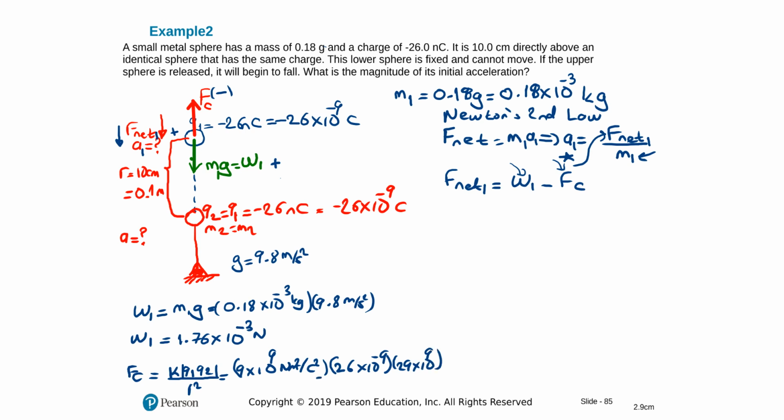Notice I'll generally be dropping the signs altogether and taking the absolute value, which means we take everything as positive. r is 0.1 meters, take the square of that. And we will have a value of this as 6.084 times 10 to minus 4 newton.